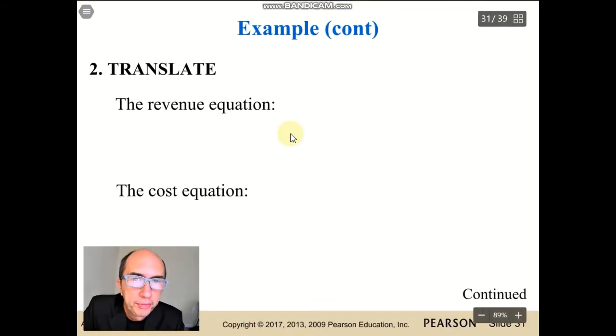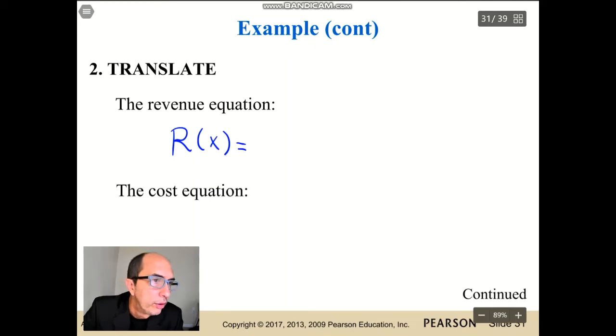Translating into math, we will have the revenue R(x) equals $4 for each item sold, each gift box sold. So $4 times x. This is the revenue.